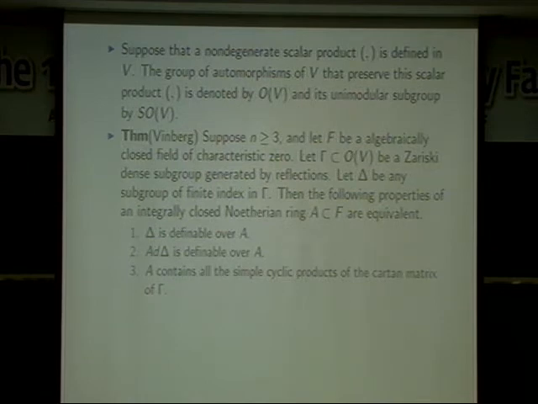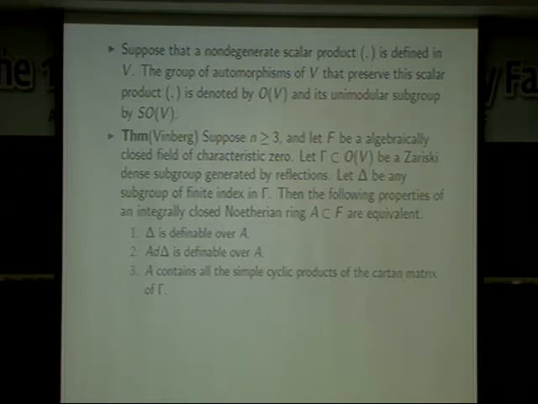Suppose that a non-degenerate scalar product is defined in this vector space V. The group of automorphisms of V that preserve this scalar product is denoted by OV, and its unimodular subgroup by SOV. There is another theorem of Wingberg. Suppose n is greater than or equal to 3, and let F be an algebraically closed field of characteristic 0.